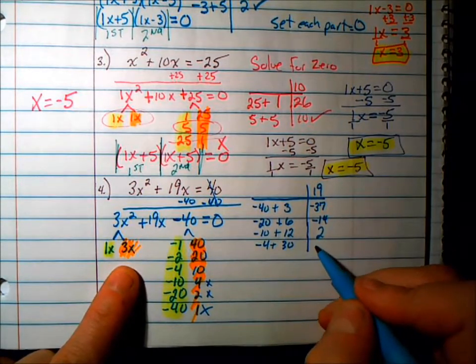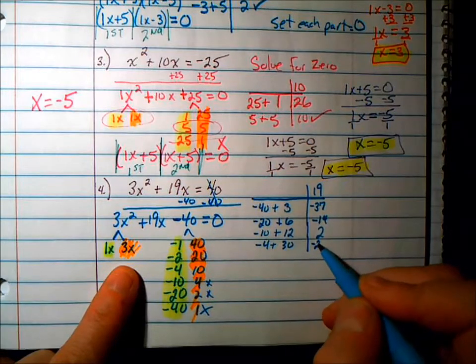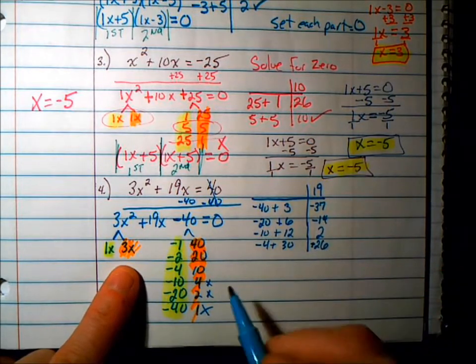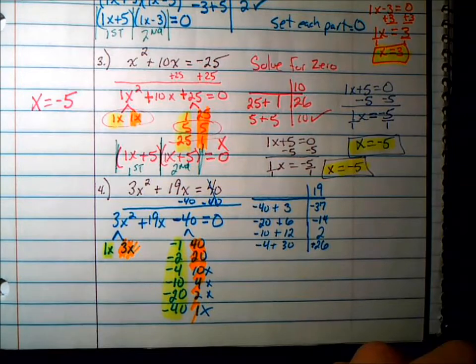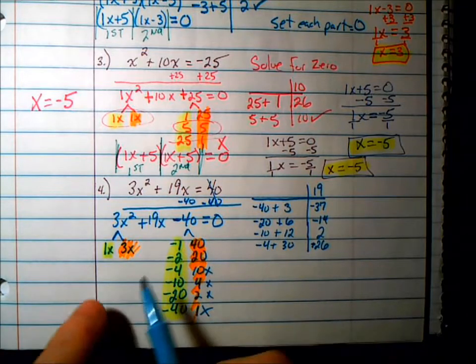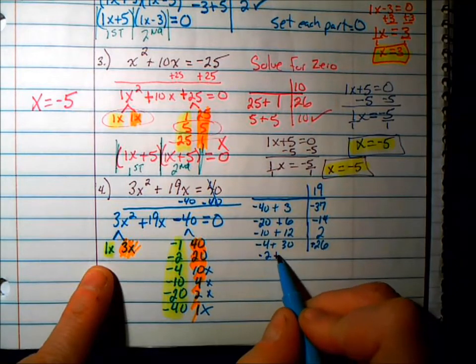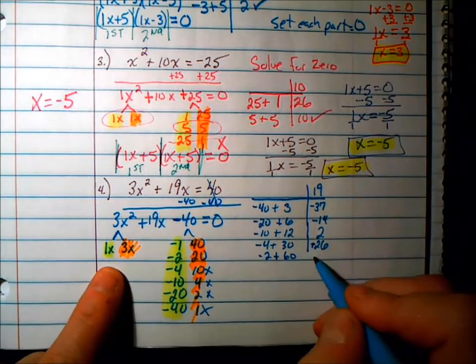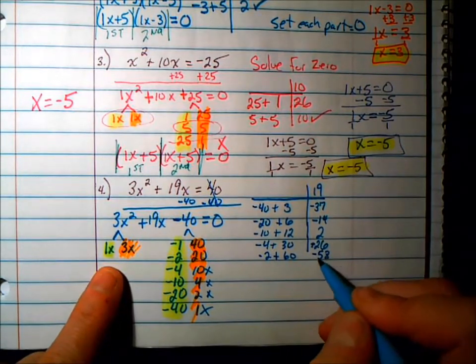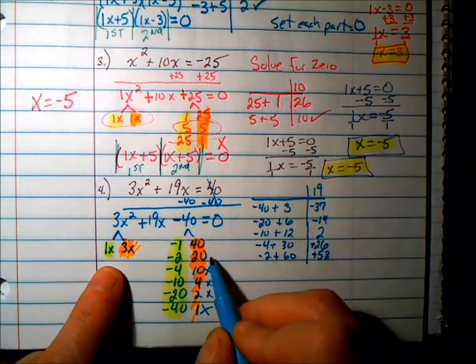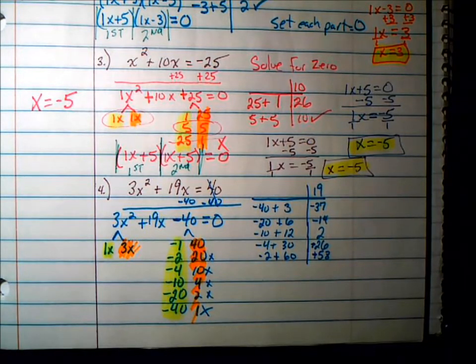That appears to be negative 26 or positive 26. And if I go to the next one, I'd have negative 2 plus 60. That would be a negative 58 or positive 58. And I think I'm going in the wrong direction totally here. So let me pause a moment.